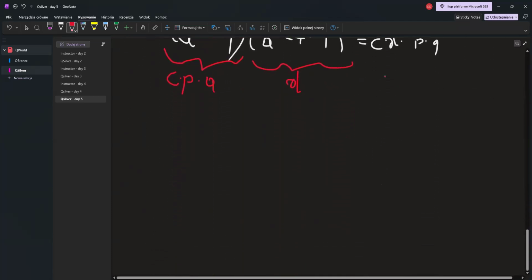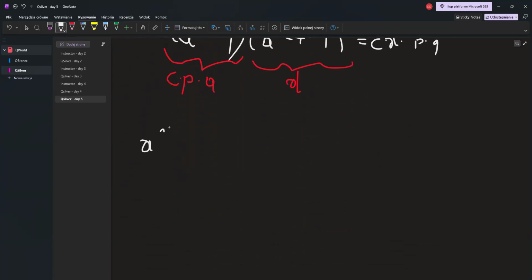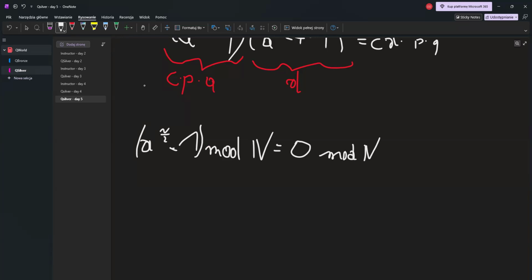Okay, so let me start by writing this, minus, maybe I will put a parenthesis here, 0, and write also mod n, and I want to show that this equation is not true.